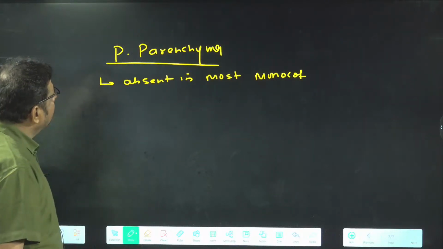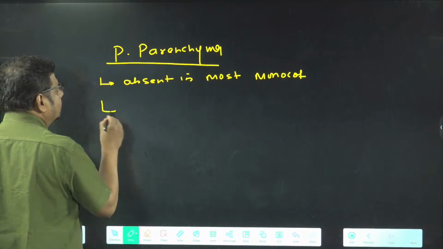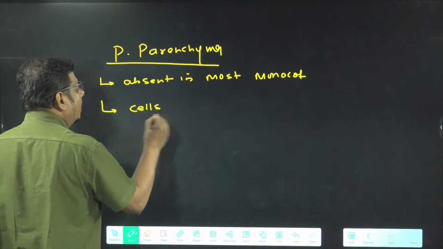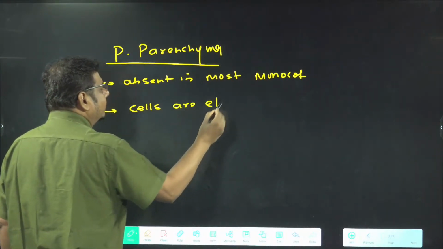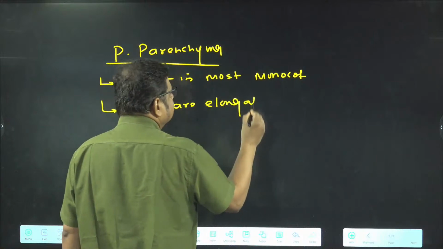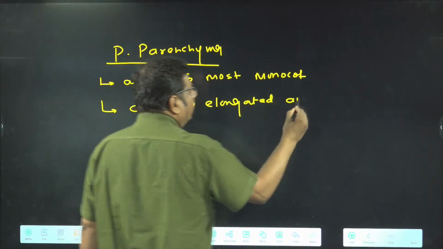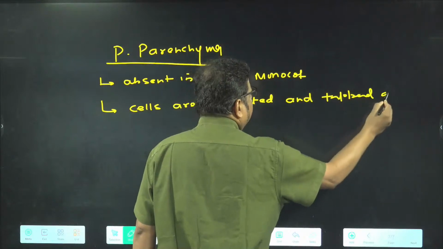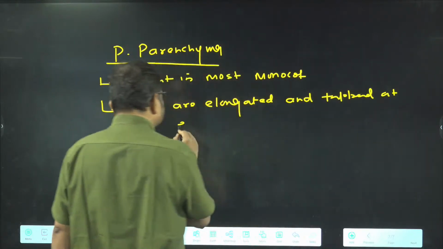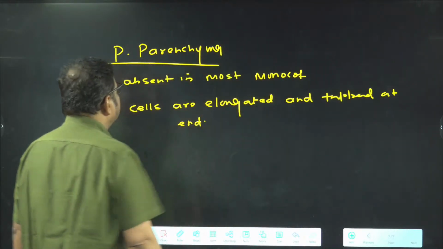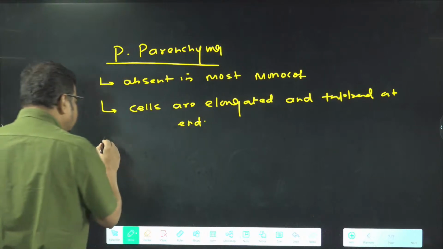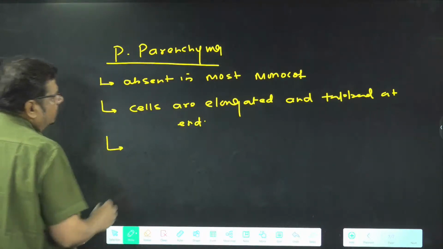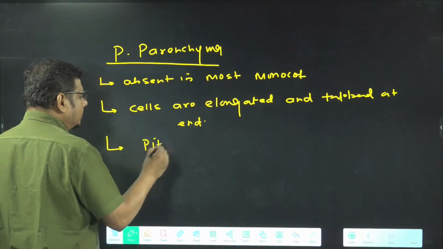Another thing about phloem parenchyma is that cells are elongated and tapered or pointed at the end. Getting the things. The interesting part in phloem parenchyma is what? Pits are present.